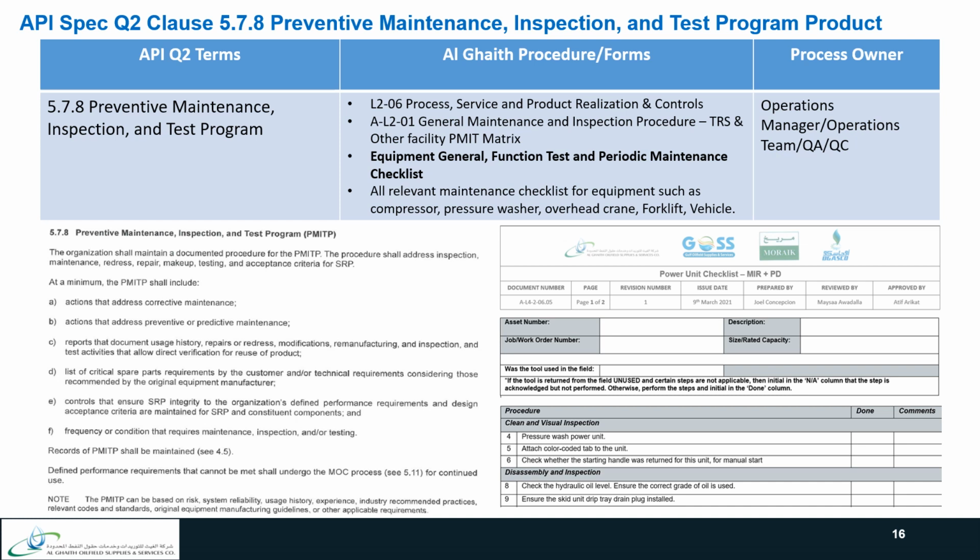E. Controls that ensure SRP integrity to the organization's defined performance requirements and design acceptance criteria are maintained for SRP and constituent components, and F. Frequency or condition that requires maintenance, inspection and/or testing.